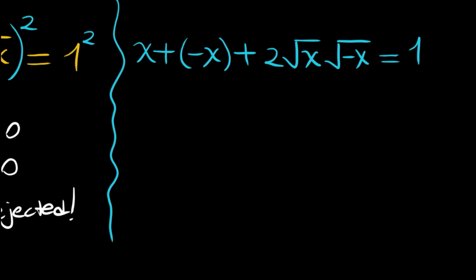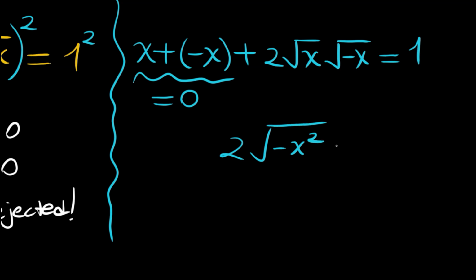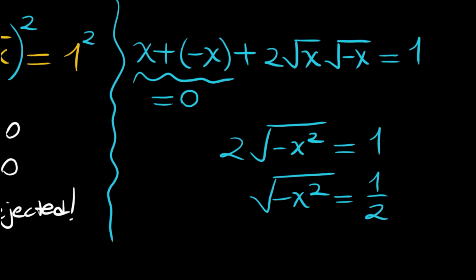These two cancel, this is equal to 0. So we are left with 2 times the multiplication of these two, which is the square root of negative x squared, equal to 1, and cancelling by 2 we have the square root of negative x squared is equal to 1/2.